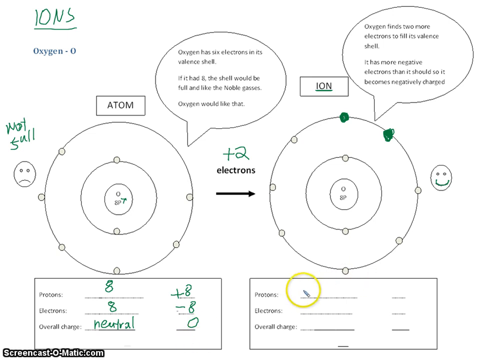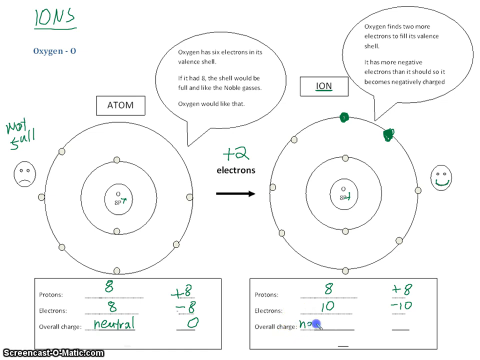Now let's look at it when it became an ion. It had 8 protons. It's still got 8 protons. We didn't change the protons. It had 8 electrons. We added 2. Now it's got 10 electrons. Plus 8, minus 10. Is it more positive, more negative, or neutral? Well, it's more negative, isn't it?